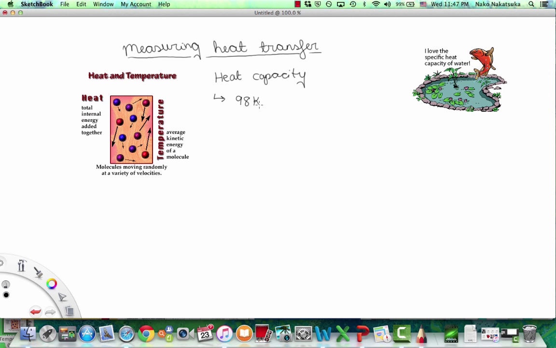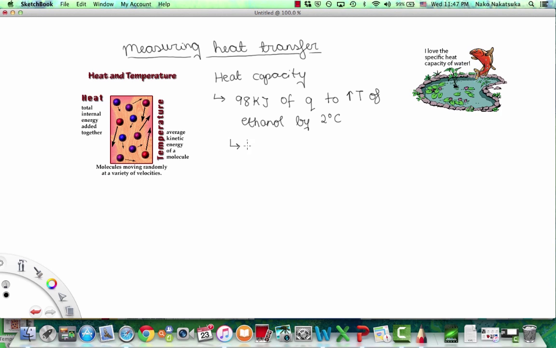98 kilojoules of heat, or Q, is required to raise the temperature of ethanol by 2 degrees Celsius. So by adding 98 kilojoules of heat, it increases the temperature of ethanol by 2 degrees Celsius.